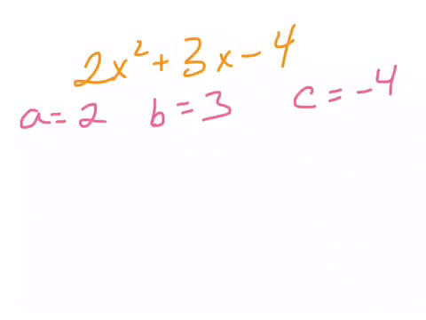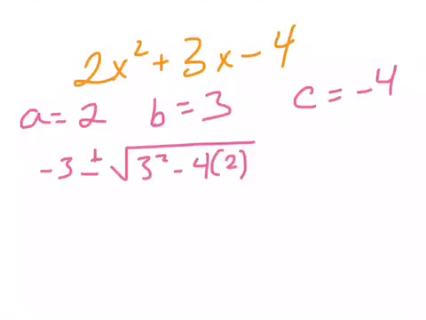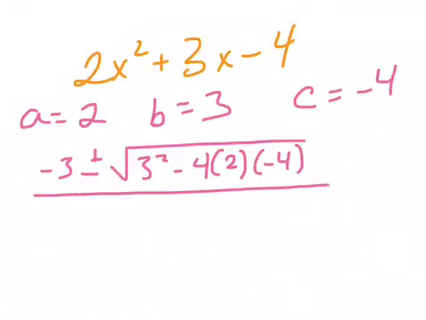So again, that quadratic formula is negative b, so this time it would be negative 3, plus or minus the square root of b squared, so 3 squared, minus 4 times a, so that's 2, times c, so that's negative 4, over 2 times a. Actually, I'm going to go ahead and change that. 2 times 2, we'll go ahead and say 4.